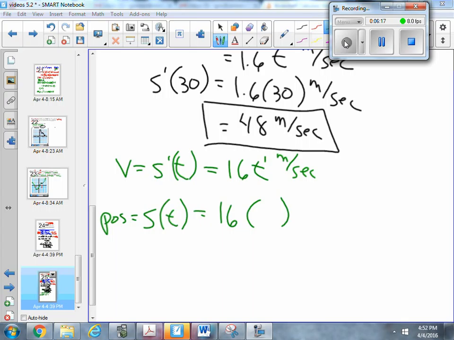Now this is t to the first, so it's going to add 1, t squared, and that's just going to be meters. Okay, 1.6, I'm sorry, I forgot the decimal point. So that's equal to 1.6 times the reciprocal of our new exponent, 1/2 t squared meters.